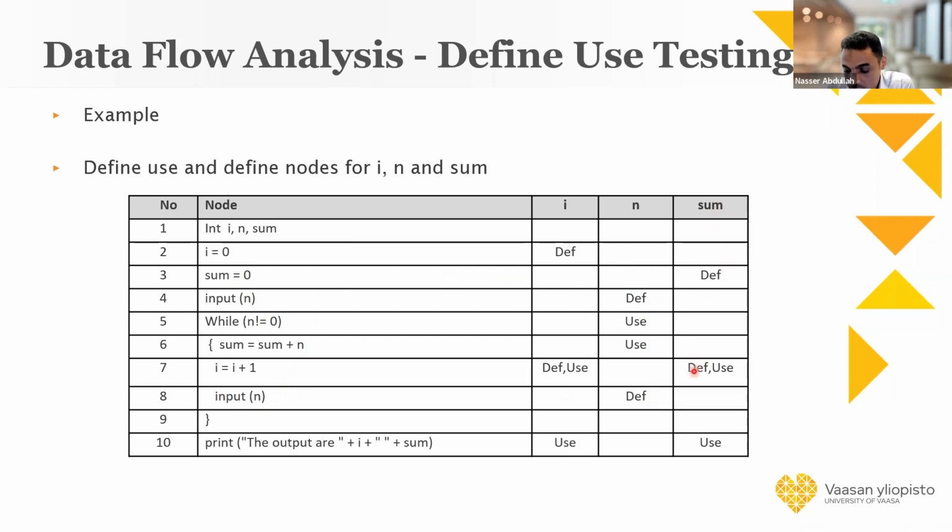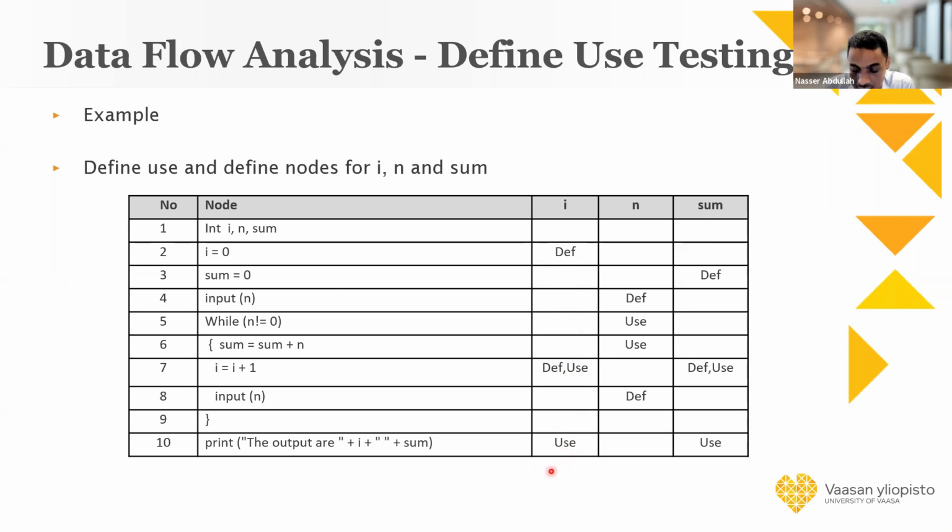So the same thing, it goes to the other one, which is sum. So guys, from this table, for example, you can say if here we have define, and then there is nothing there, we cannot see any use after define, so we can say there is an unused variable.